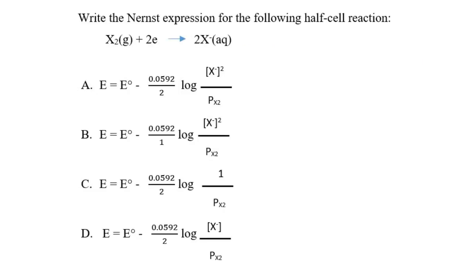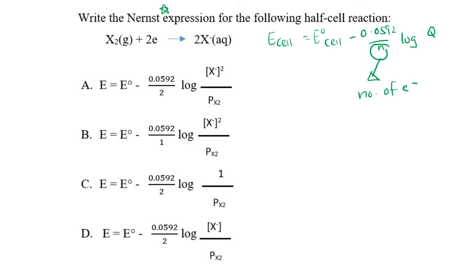Now you are requested to write the Nernst expression based on the half cell. As we know, the Nernst equation is E cell equals E naught cell minus 0.0592 over n log Q. The n refers to the number of electrons.